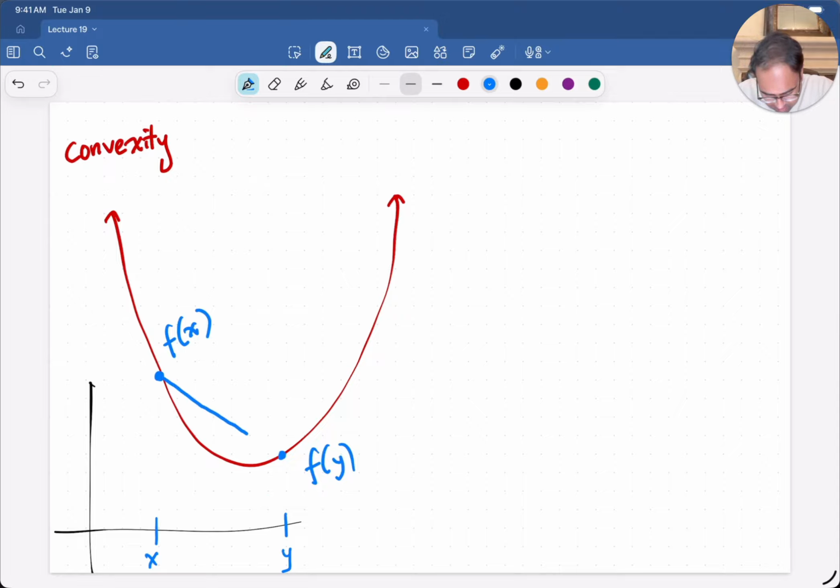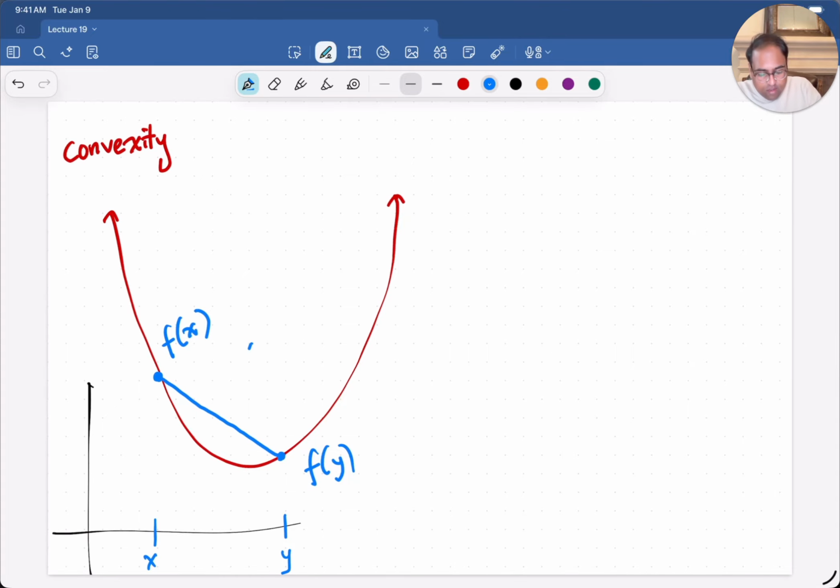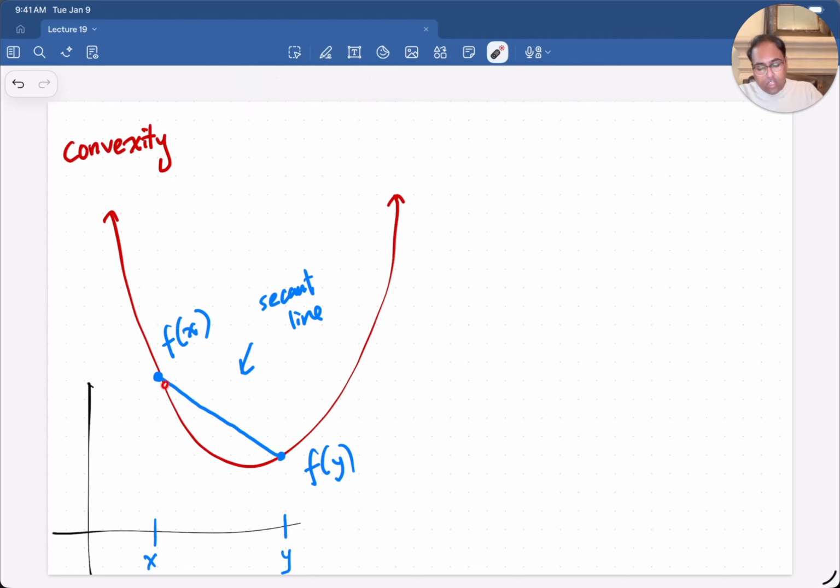And if f is convex, it's true that whenever you do this for any x and any y in the domain of f, the line connecting f of x and f of y, this is called the secant line, has to be on or above the function. So notice here, the function is entirely below the secant line.